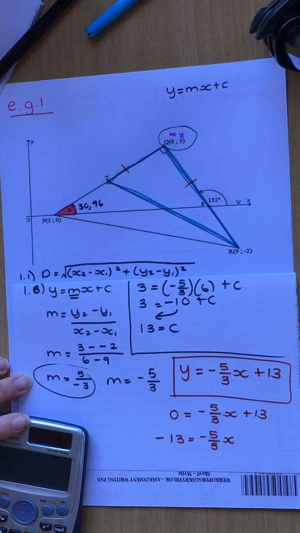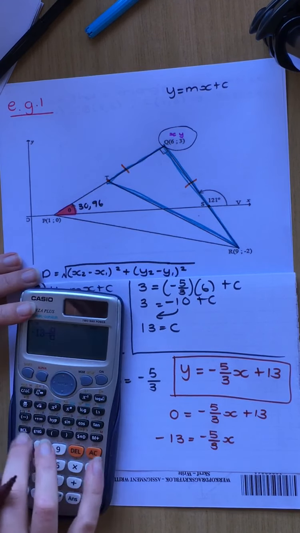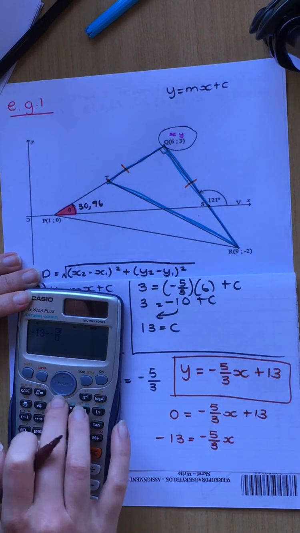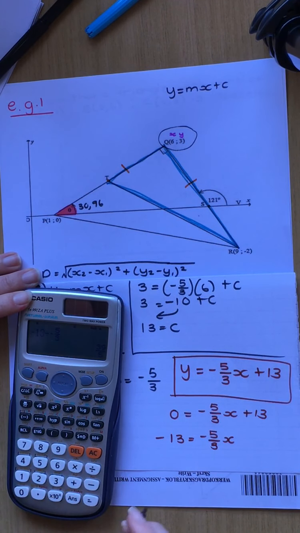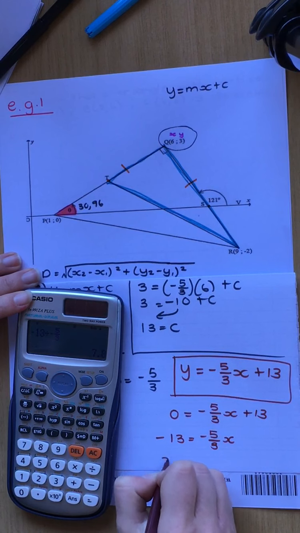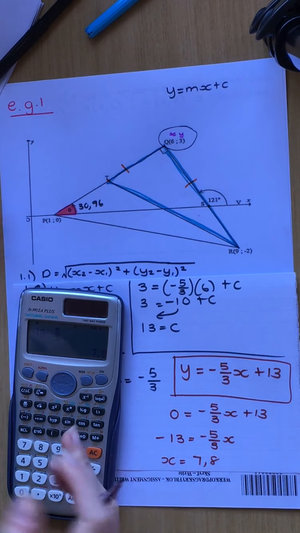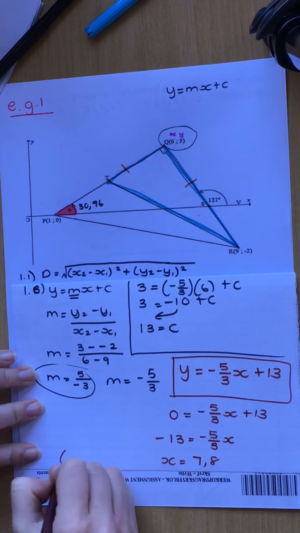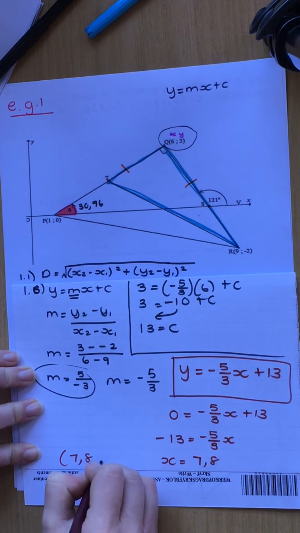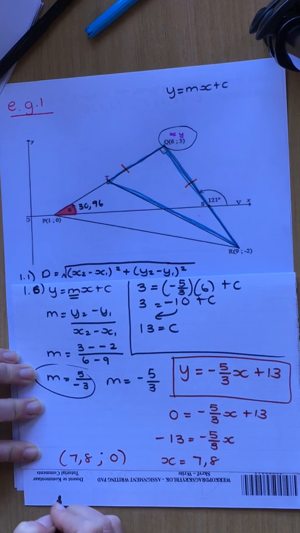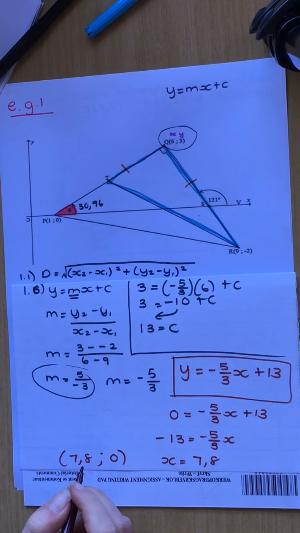So you say negative 13 divided by minus 5 over 3, I'm just doing it on the calculator here. So x is equal to 7,8. Okay, so that is your coordinate. It's going to be 7,8 and 0, because y is 0 at that point.